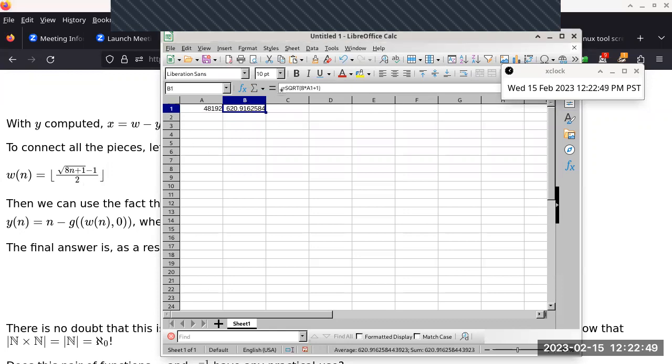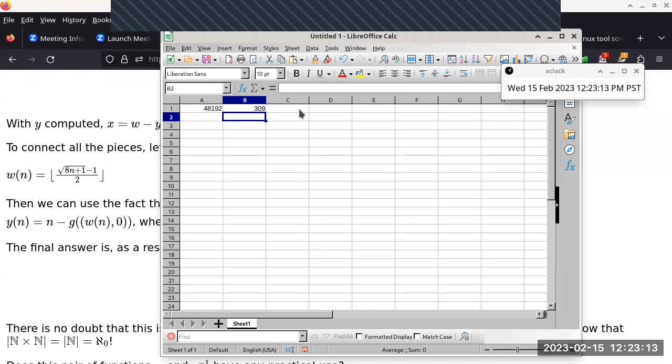So we subtract 1 from this entire square root thing, divided by 2, and then we take the floor of that. We can do that using the floor function. There we go, 309. I'm not even sure whether that matched my own calculation.